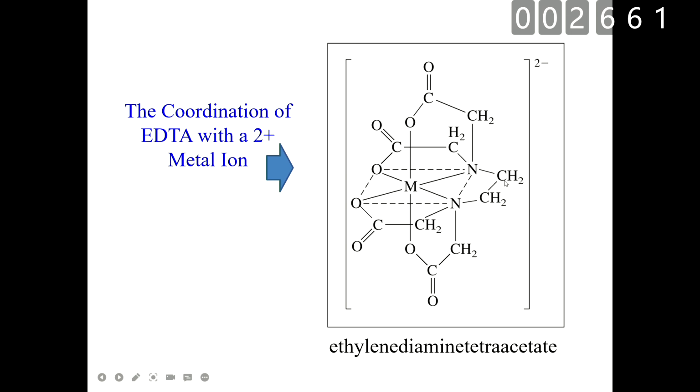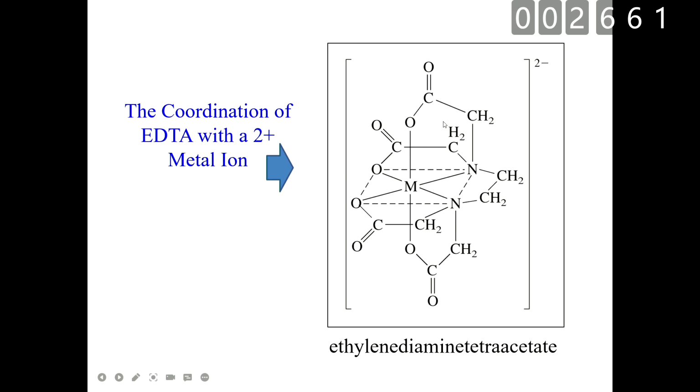And then these two carbons, diamine, has two nitrogen. Okay, and each nitrogen has two acetate. So this nitrogen has 1, 2 acetate, and this nitrogen has 1, 2 acetate. So it's tetraacetate. Tetra means 4, right?